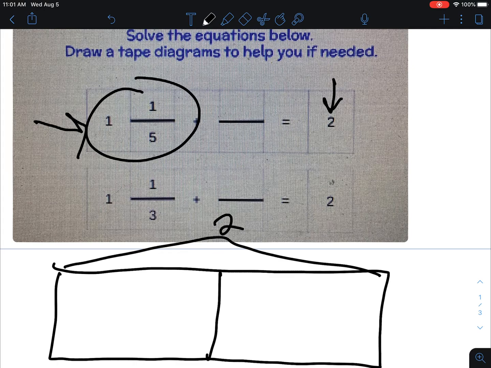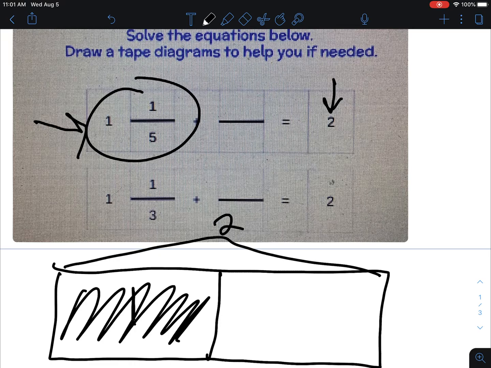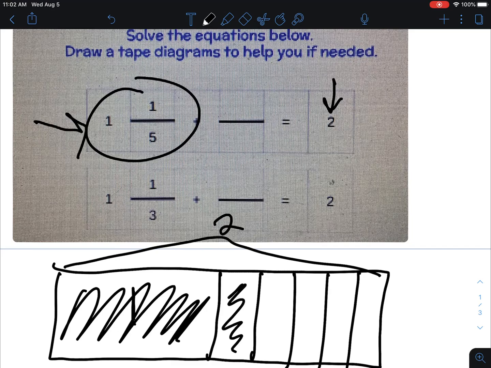So then I would draw what they give you, which is 1 and 1/5. So here's one whole piece, and then I need 1/5 of the other. So I'm going to shade in one whole piece, and then 1/5 of the other. So it means you have to divide this one into 5 pieces. And how many of those little pieces do you have to shade in? Yep, 1 out of 5.